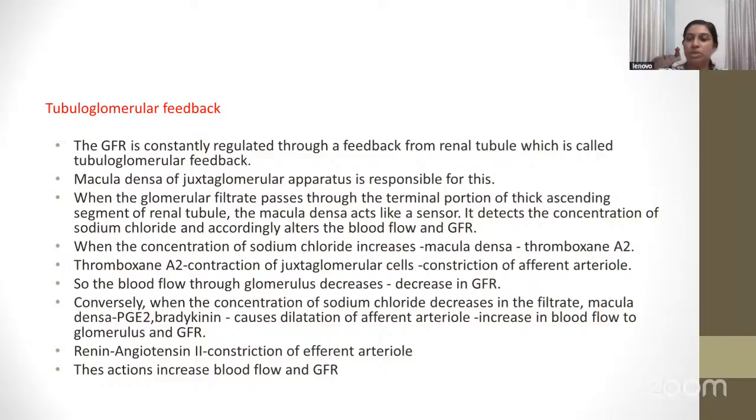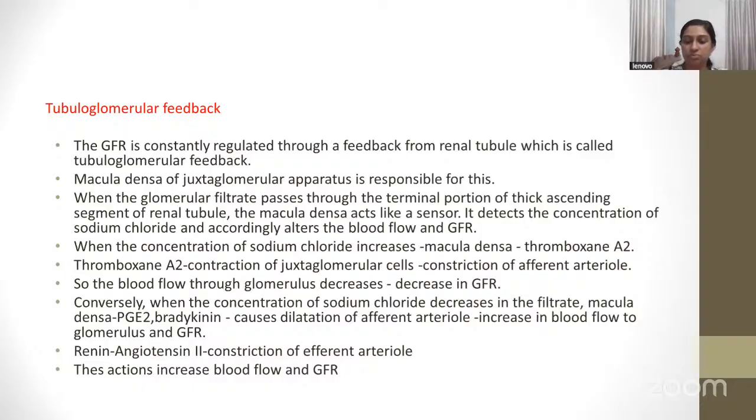Also, the efferent arteriole is taking the blood away from the renal system. And renin, the renin-angiotensin, renin is produced from the macula densa. It will cause the activation of angiotensin 1 to angiotensin 2, which is causing the constriction of the efferent arteriole. And all these actions will increase the blood flow to the glomerulus, thereby increasing the filtration rate.